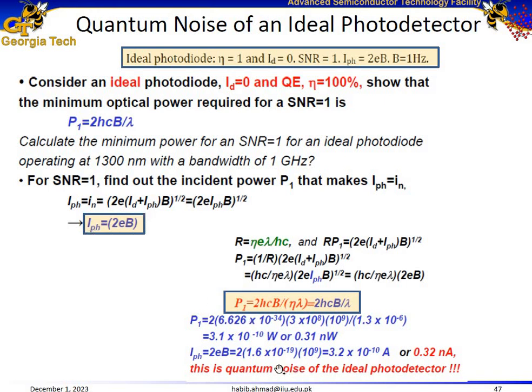We already know the expression for that. Put in values, and our photocurrent is 0.32 nanoamps. And since we have an SNR equal to 1, at this value we know that our noise current is equal to the photocurrent. So this turns out to be the quantum noise related current of the photodetector.